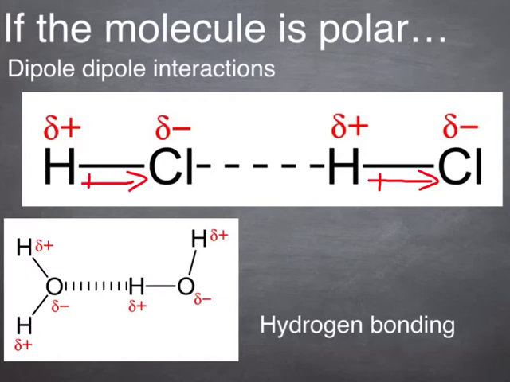In particular, and I'll write this down for you, hydrogen bonding involves molecules that contain an O bonded to an H, or an N bonded to an H, or simply the HF molecule can also form hydrogen bonds. So any molecule that has an O bonded to an H, or an N bonded to an H, or this molecule here can form this special type of dipole-dipole interaction called the hydrogen bond.